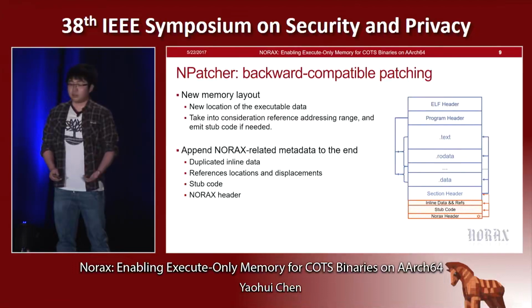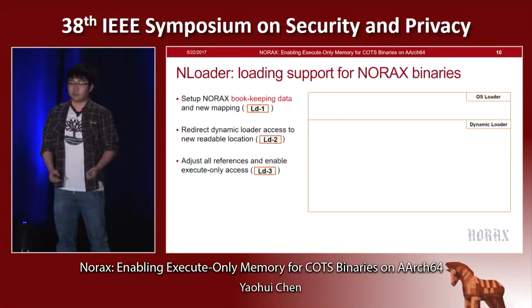So the Norax related metadata includes the duplicated inline data, the references locations and displacement, the stub code, and lastly the Norax header that can tell unloader where to locate this metadata. So during load time, unloader performs 3 of these subtasks tagged with LD1, LD2, and LD3.